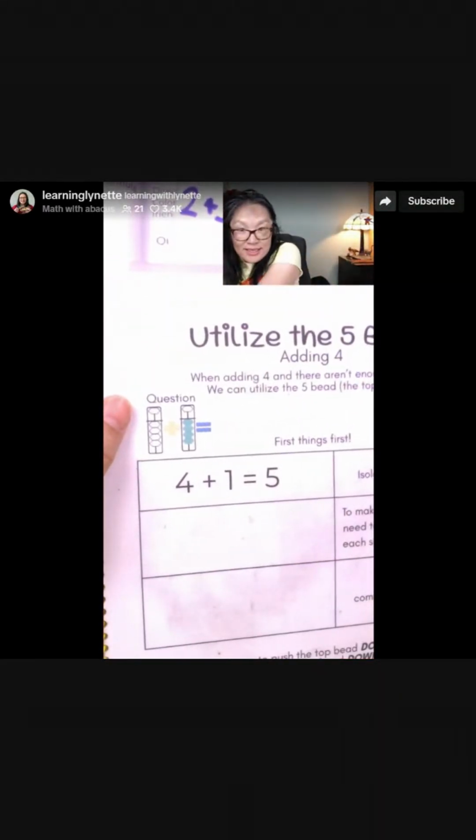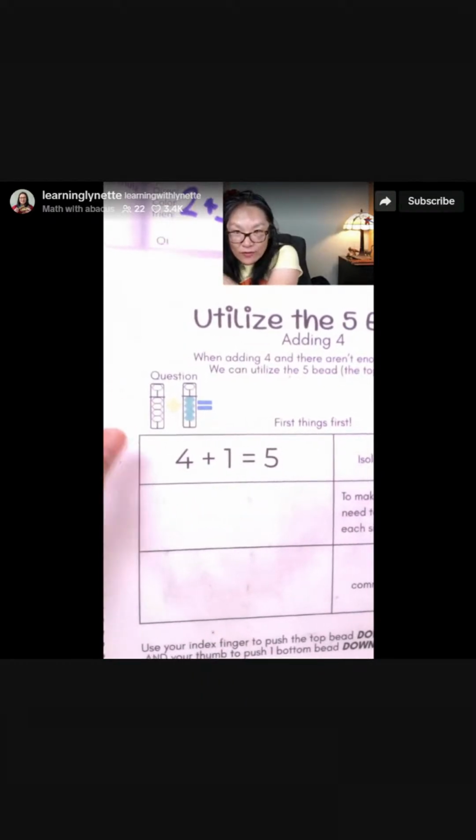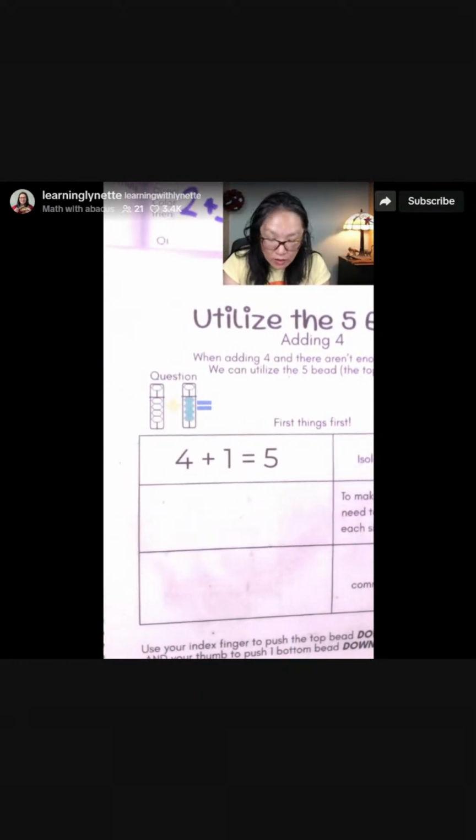We know this, but guess what? We're going to isolate our variable. 4 is our variable. We're going to take this number 1 and subtract it. So we're going to rewrite it as 4, and then substitute 5 minus 1. We're going to substitute this information to that.